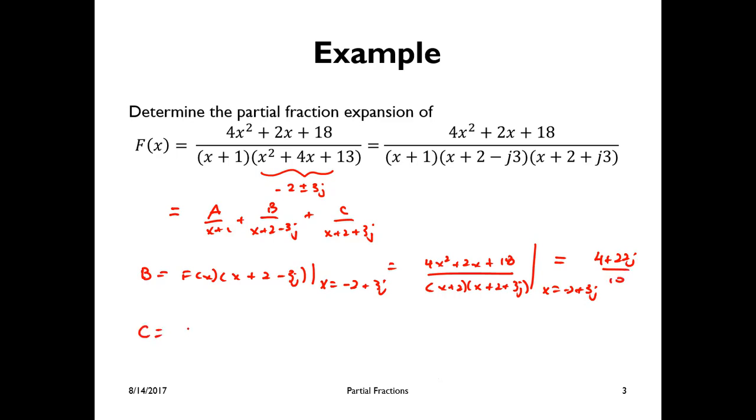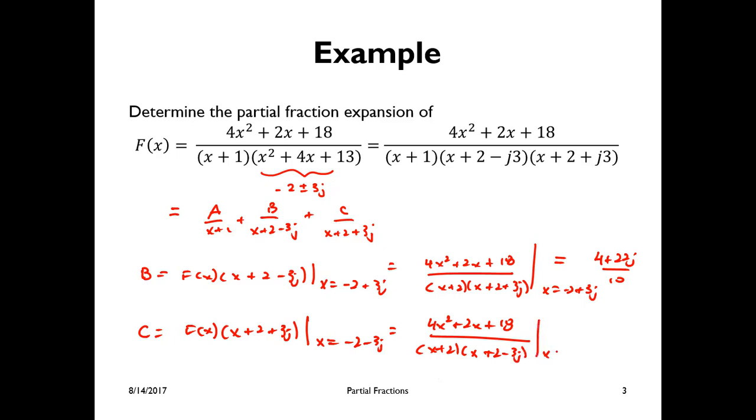The coefficient c is going to be equal to f of x times x plus 2 plus 3j, evaluated for x equal to minus 2 minus 3j. So this is 4x squared plus 2x plus 18 divided by x plus 2 times x plus 2 minus 3j, evaluated at x equal to minus 2 minus 3j.